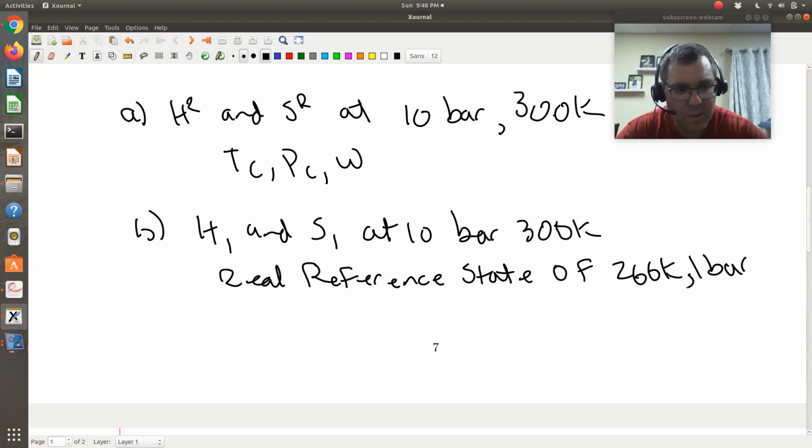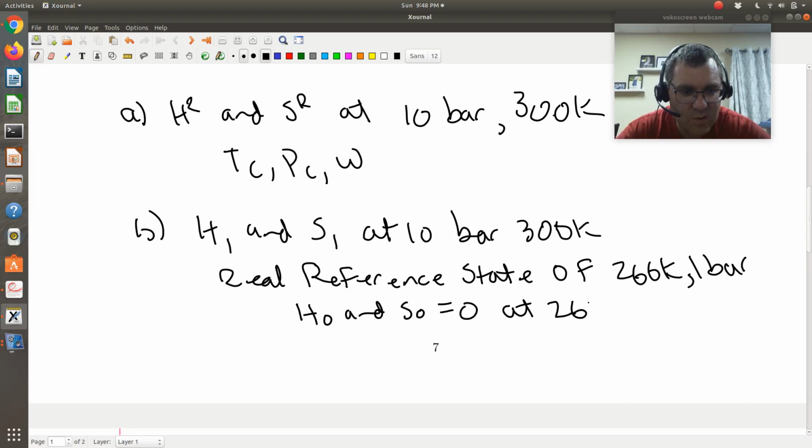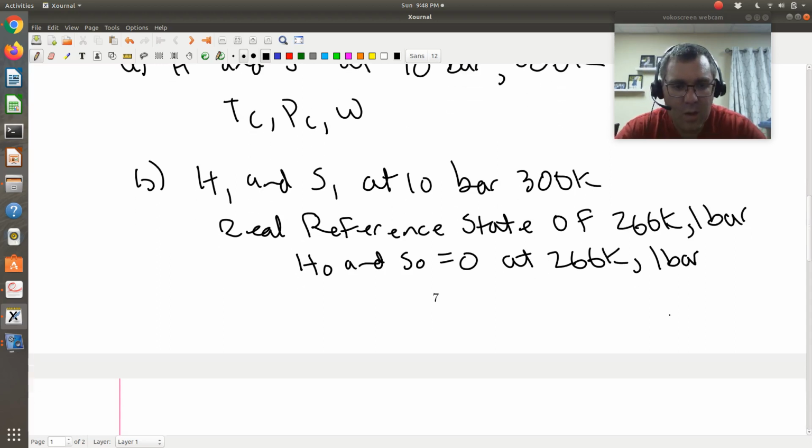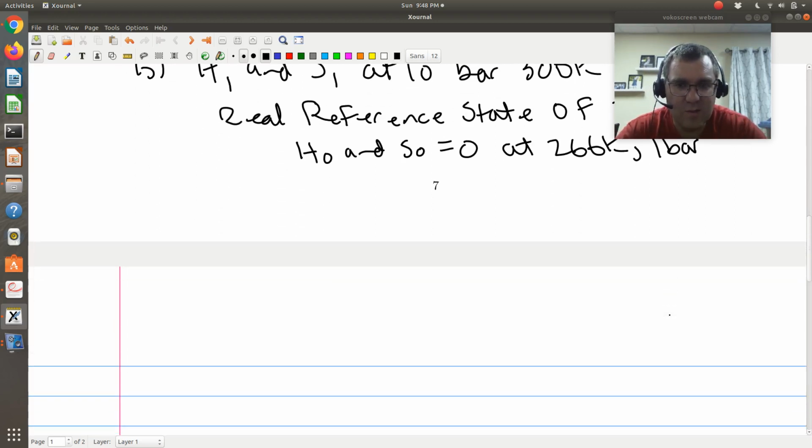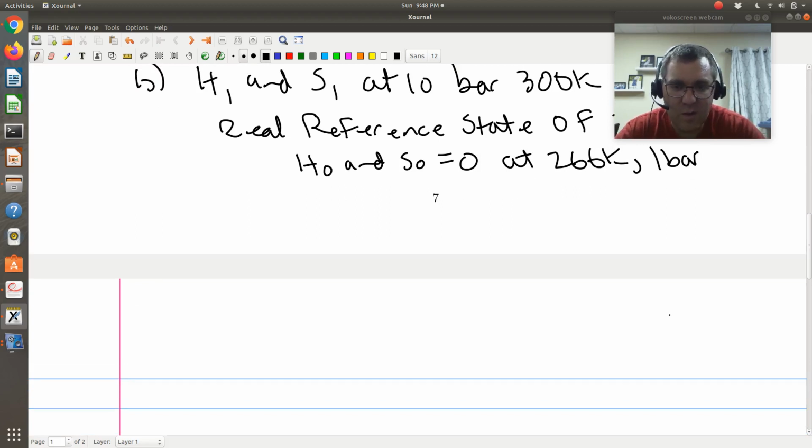Remember, you can think of a reference state as how we're going to define our zero. So basically, H naught and S naught will be equal to 0 at 266 Kelvin and 1 bar. Our reference state is going to be our state 0. Our state of interest is state 1.